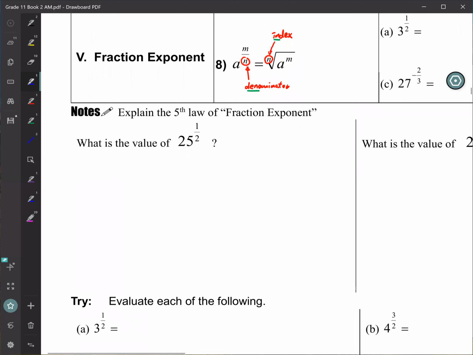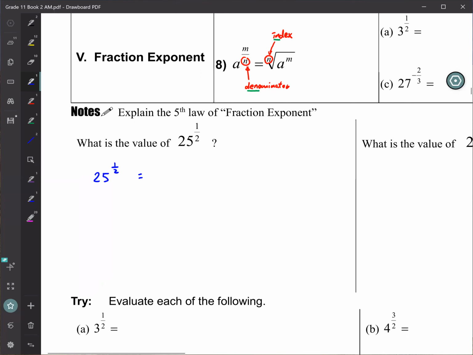How do I simplify 25 to the half? We are going to borrow some of the rules we already know. I'll copy 25 to the 1/2 down first, and rewrite it differently, without changing the numbers.